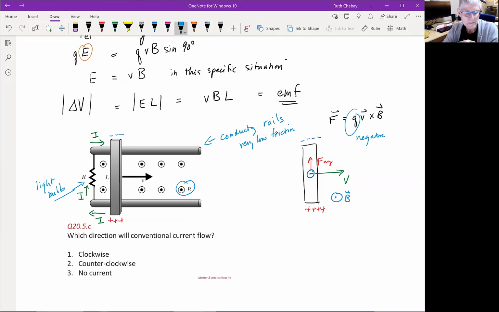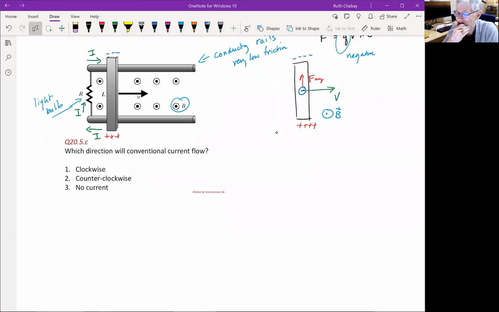Now, let's think about energy and power in this situation. So we're lighting the light bulb, and that must mean that energy is being dissipated in the light bulb.